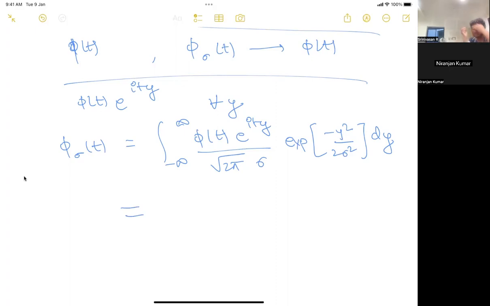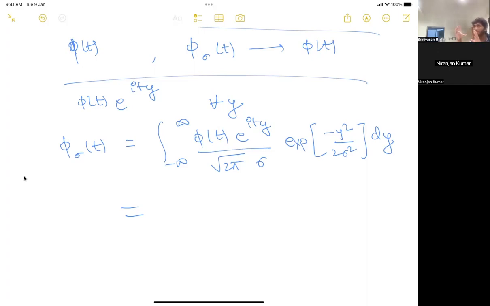Now, again, doing what we did, we integrate this over y. We complete the square in y, and we integrate this over real numbers.